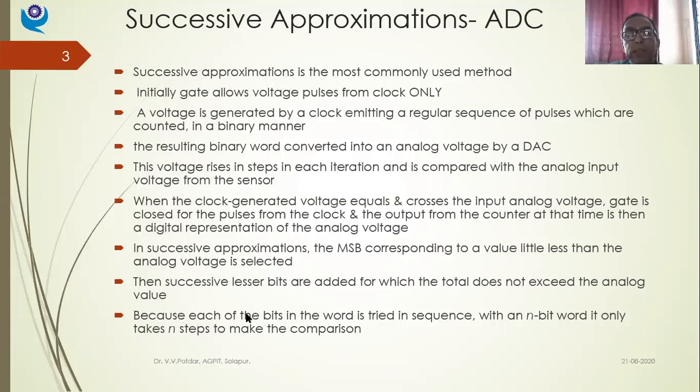Because each bit in the word is tried in sequence, with an n-bit word it only takes n steps. In our case, a 4-bit word, it will take 4 steps to make the comparison and reach the final value. This is how my successive approximation A to D converter works.